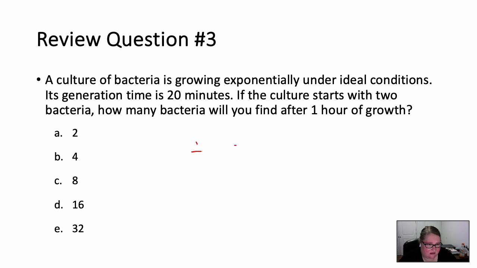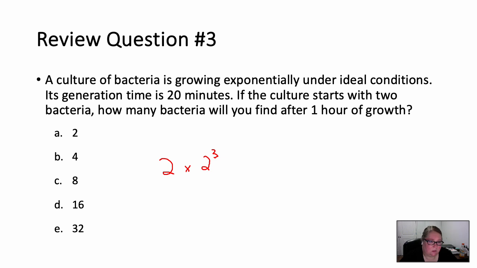Let's erase that. Or we can just use our equation, right? We have our N0, which is 2. So we're starting with 2 times 2 raised to the number of generations, which is 3.